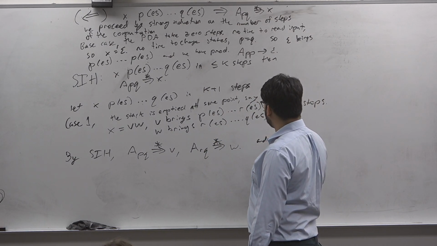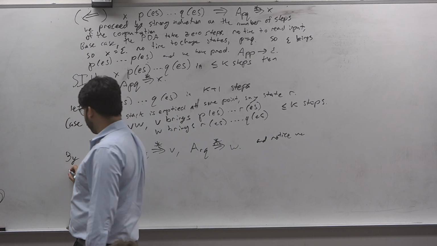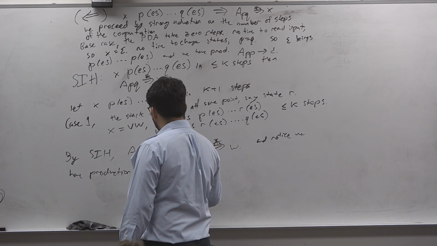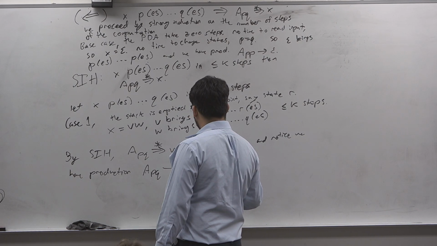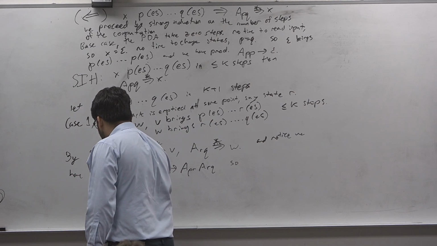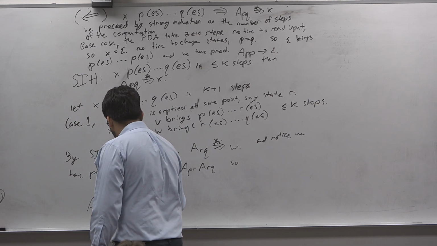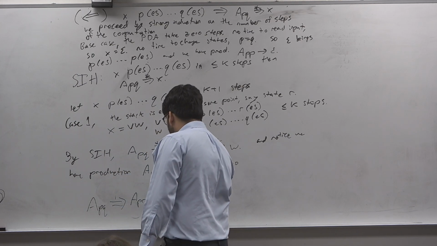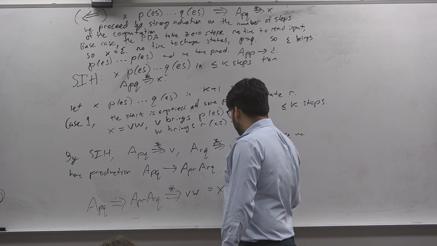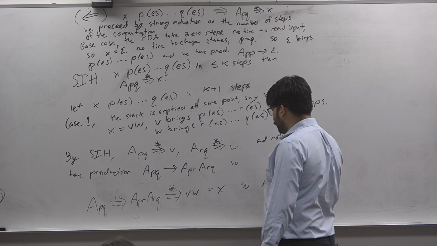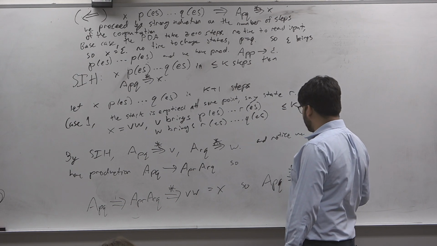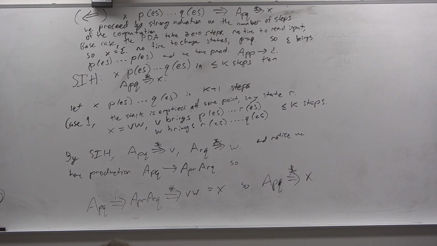And notice we have the production A_PQ produces A_PR A_RQ. So A_PQ produces, in a single step, A_PR A_RQ, and then a sequence of steps, these will produce v with w, which we know is just equal to x. So A_PQ produces the string x in 0 or more steps. So the theorem is proven in case 1 here, right?